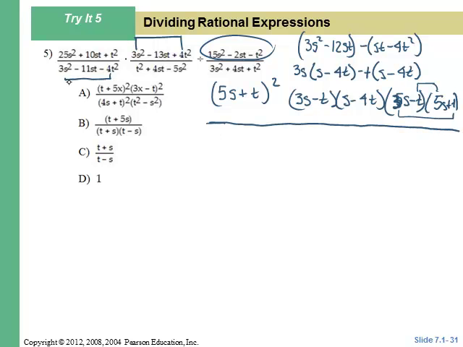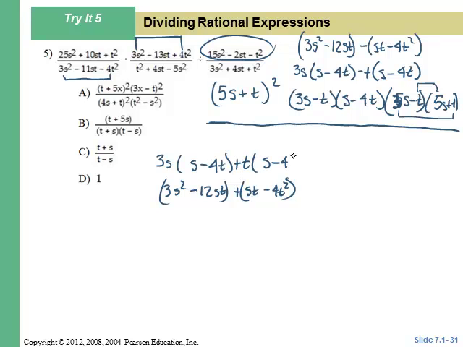All right, this first one, what two numbers multiplied equal negative 12, added equal negative 11. So I'm going to start down here. 3s squared minus 12st plus st minus 4t squared. Okay, factor a 3s, and you're left with s minus 4t, and then plus t, parentheses, s minus 4t.